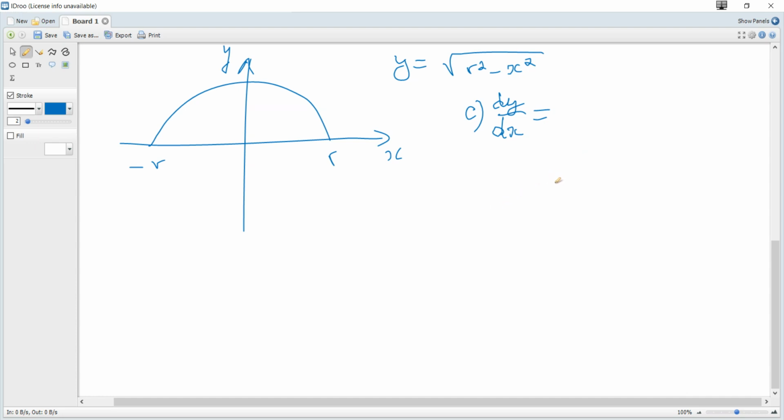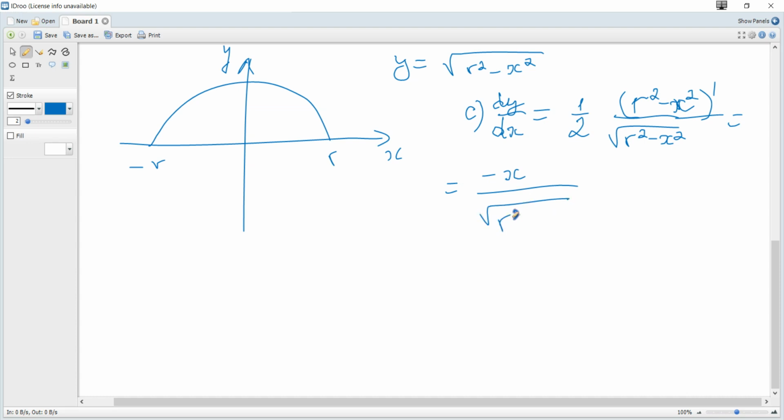So we apply the chain rule, we apply the rule for x to the power of a half, but instead of x it will be this function, so it becomes a half times the function to the power of negative a half, and negative a half is just the square root in the denominator, but instead of x we write the given function, and according to the chain rule it must be multiplied by our function's derivative, and we can see that the derivative of r squared minus x squared is just negative 2x, 2 cancels, and we get negative x over square root of r squared minus x squared.